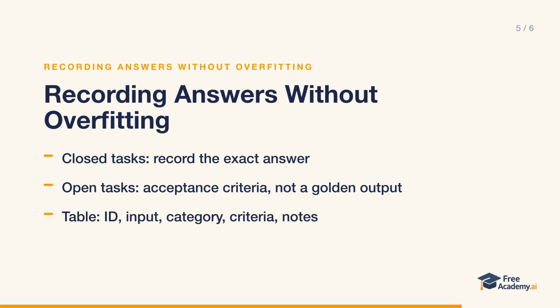For a summary, that might be captures the main complaint, names the product, stays under 50 words, neutral tone. Keep this all in a simple table or spreadsheet with an ID, the input, the category, the expected answer or criteria, and a note. It's the single most reusable asset you'll build.